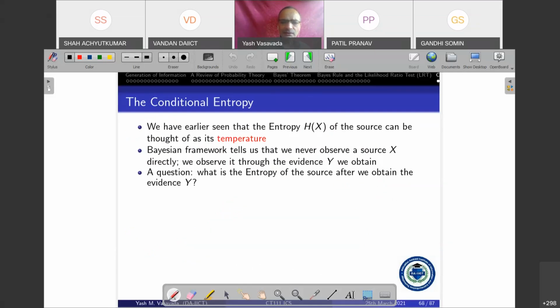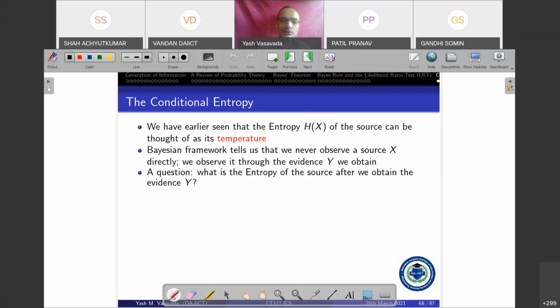In answering the question of how to measure the information that is generated by the source, we derived this concept of entropy of the source. And we said that entropy can be thought of as, let's say, the temperature of a gas which is in a closed container.